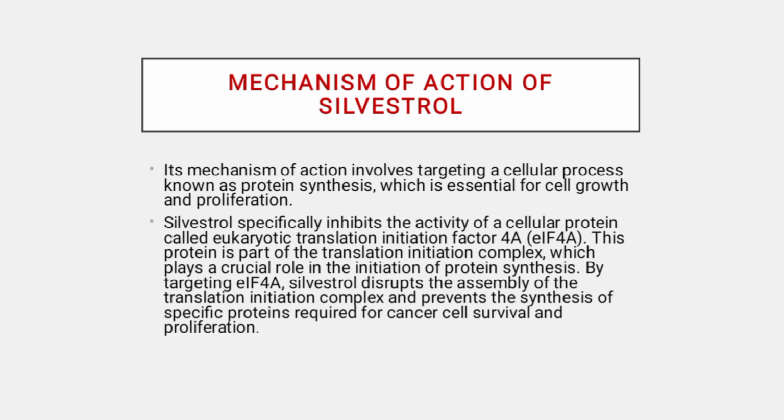So, what is the mechanism of action of Silvestrol? Its mechanism of action involves targeting a cellular process known as protein synthesis, which is essential for cell growth and proliferation. Silvestrol specifically inhibits the activity of a cellular protein called eukaryotic translation initiation factor 4A, and this protein is a part of the translation initiation complex, which plays a crucial role in the initiation of protein synthesis.